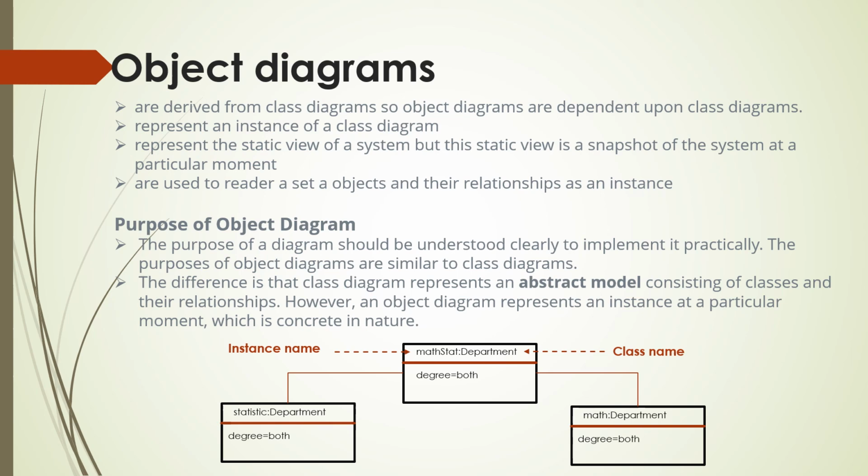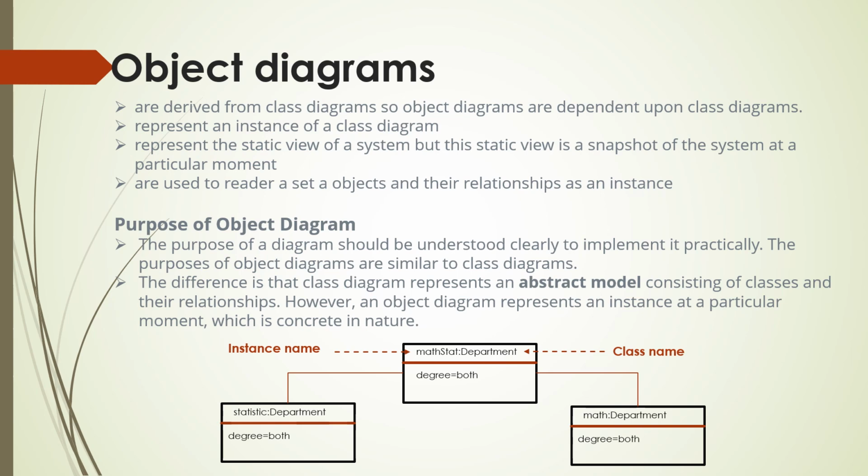What is the purpose of the object diagram? The purpose of the object diagram should be understood clearly to implement it practically. The purpose of object diagrams is similar to class diagrams. The difference is that the class diagram represents the abstract model consisting of classes and their relationships.